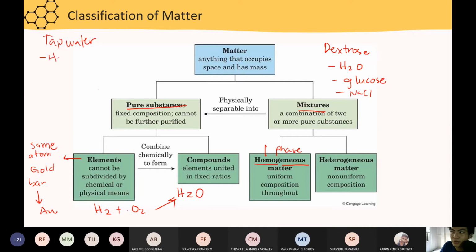No? It is composed of water molecules. However, at the same time, it also consists of other compounds or other elements. No? For example, you have the chloride ions in there. You have some sodium. You have some carbonate in there. Okay? So, yun yung composition ng tap water. Siguro you may ask, no, bakit may ganun, sir?